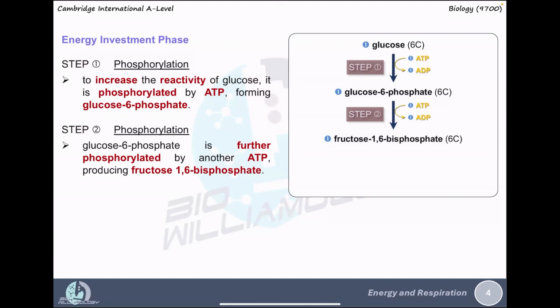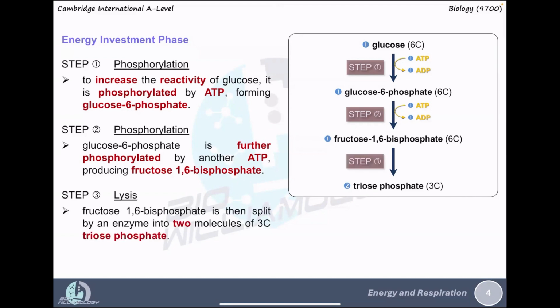Therefore, fructose 1,6-bisphosphate is reactive enough to split into two molecules of triose phosphate. From 6-carbon fructose 1,6-bisphosphate, now we manage to get triose phosphate during the energy investment phase.